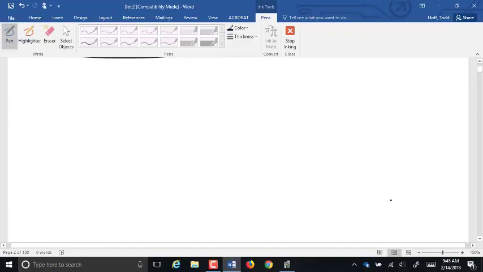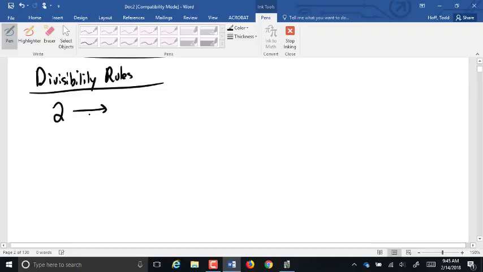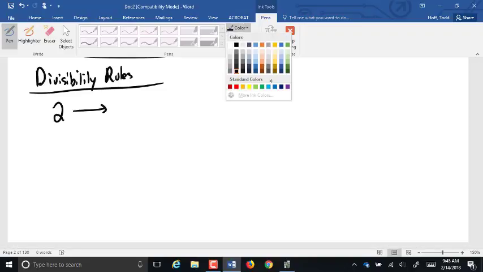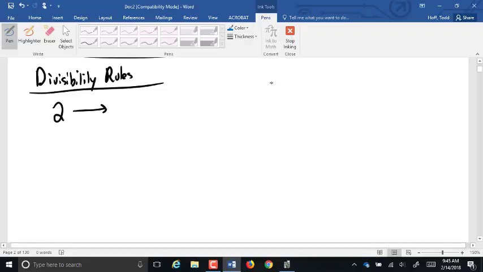How can you tell if a number is divisible by another number? Well, we have some divisibility rules. Of course, everything is divisible by 1, so we don't really count 1. To tell if something's divisible by 2, what has to happen?